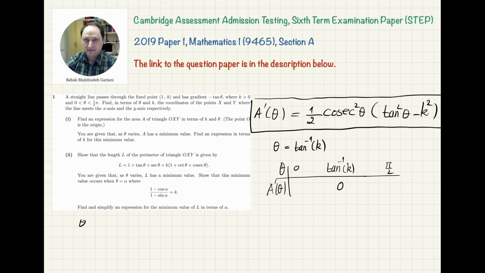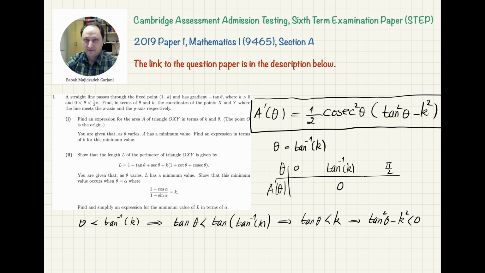If theta is less than tangent inverse of k, since tangent theta is an increasing function in the first quadrant, this implies that the tangent of theta is smaller than tangent of tangent inverse of k, which implies that tangent of theta is smaller than k. But then this means that tangent to the 2 theta minus k squared is less than 0. Okay? Now look here. This is a negative value.